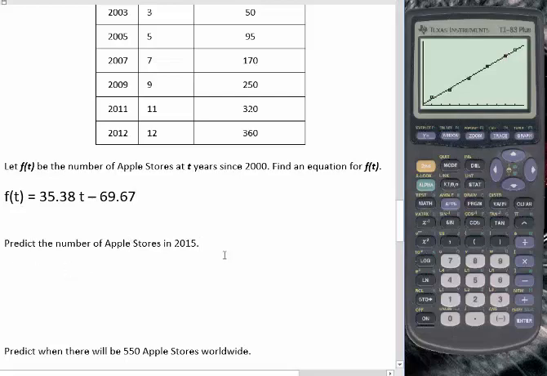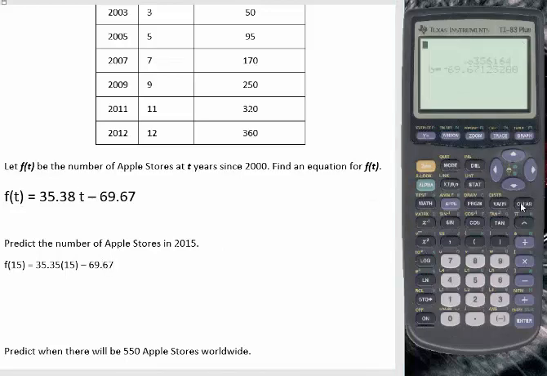Okay, the next question here. Let's predict the number of Apple stores in 2015. Well, 2015 is 15 years since 2000. So I'm just going to plug this into my equation: 35.38 times 15 minus 69.67.